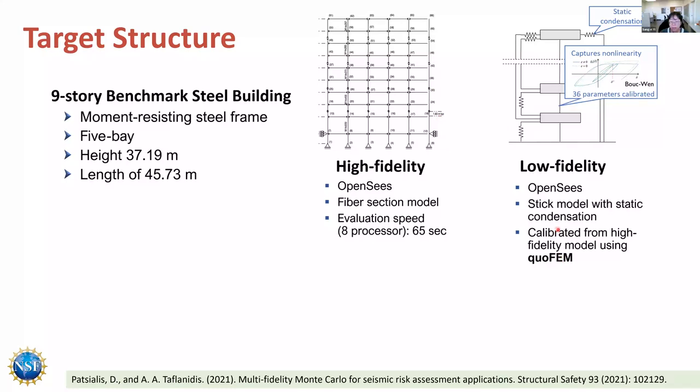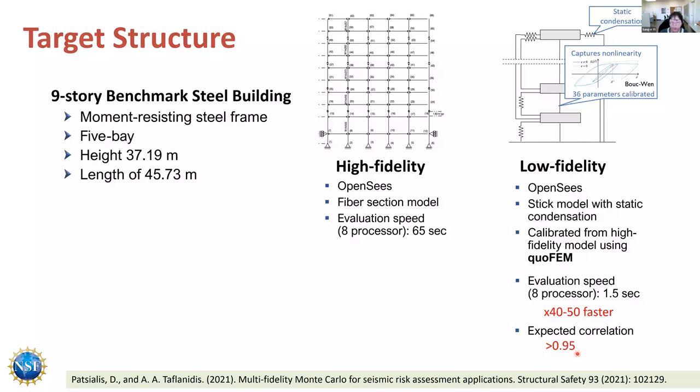This calibration was done through COFAM, based on our previous live expert tip presentation. The evaluation time of this model was around 1.5 seconds, which gives us almost 50 times the cost ratio. And our expected correlation is greater than 0.95.